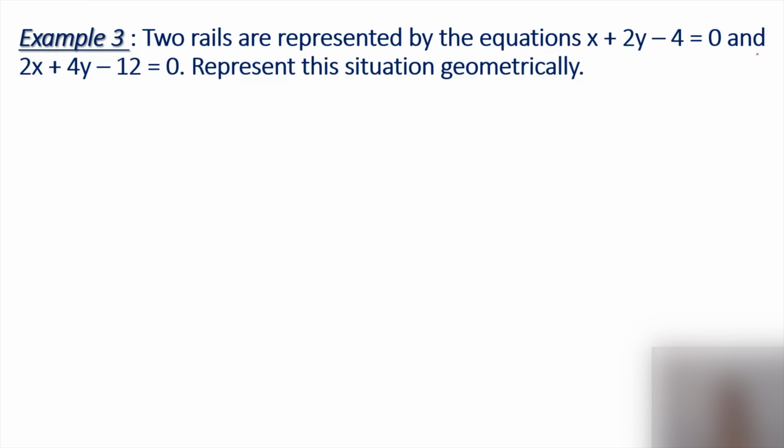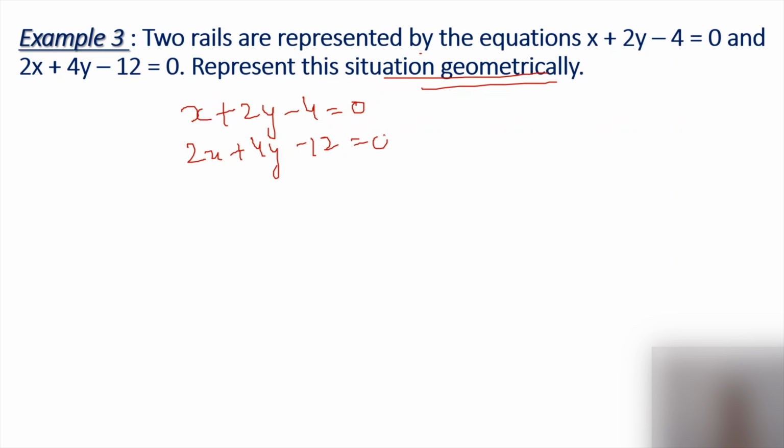Two rails are represented in equation by this. Represent the situation geometrically. Let's see what the relation is between these two. Here is x plus 2y minus 4 is equal to 0 and 2x plus 4y minus 12 is equal to 0. Let's plot the graph for this.